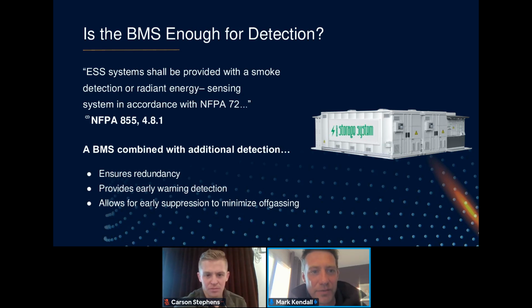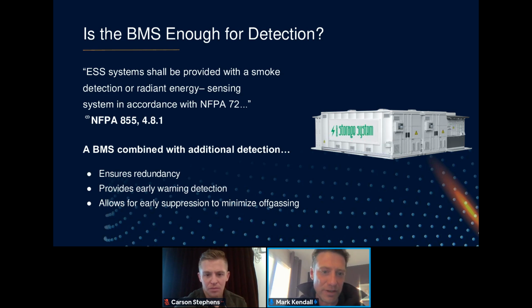NFPA 855 at the moment currently says that you need something else there as well as the BMS. The BMS should be combined with another type of detection for this reason. When we look at traditional fire suppression or fire safety systems, we always include redundancy as well. So the BMS alone, like I say, it doesn't generally have these redundancy checks in them.